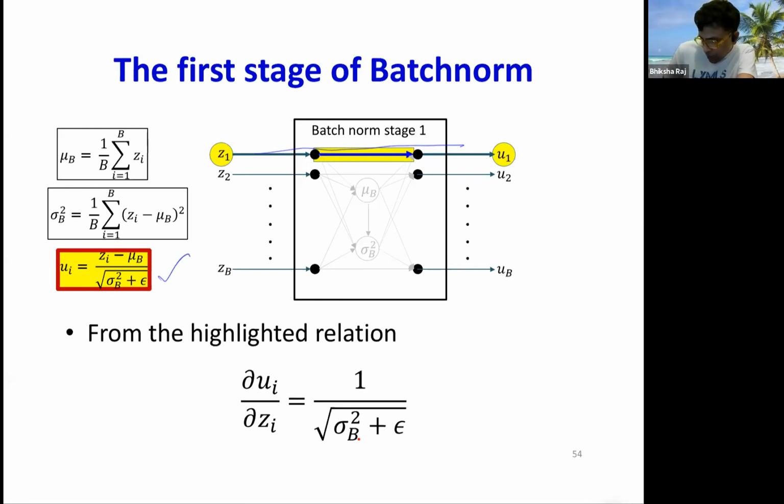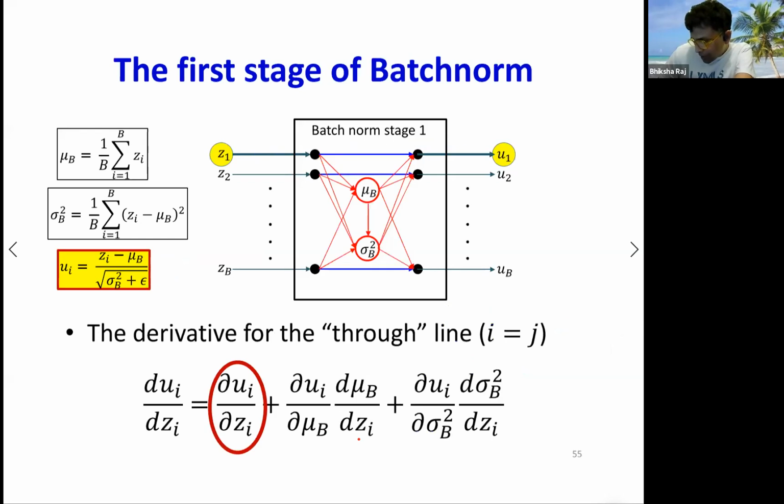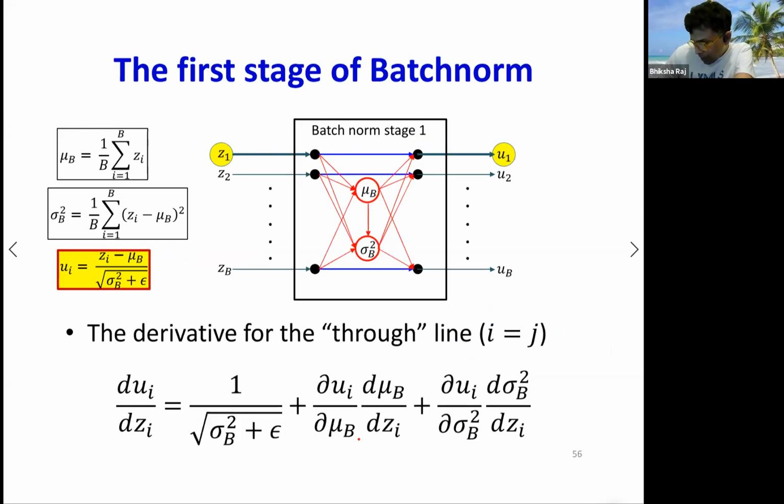And so if you just work it out, it says ui equals zi over square root of sigma squared minus mu i over square root of sigma squared. I just separated it out. So which immediately gives you that the derivative of u with respect to z is simply 1 over square root of sigma squared plus epsilon, because that's what we use. So let's just replace this term over here by the term we got for it.